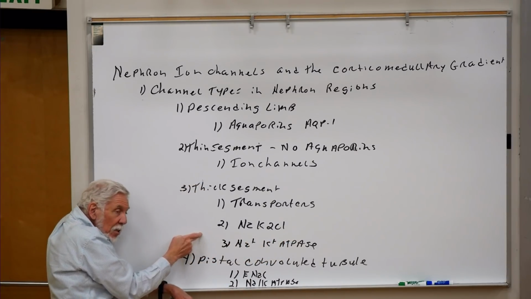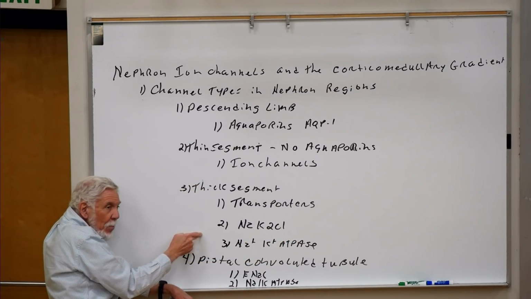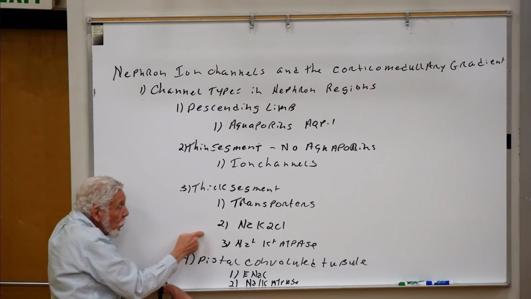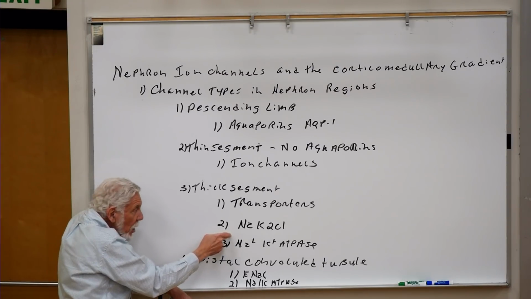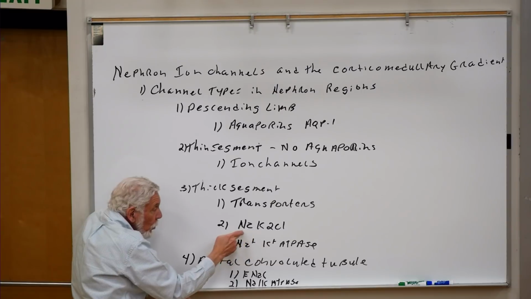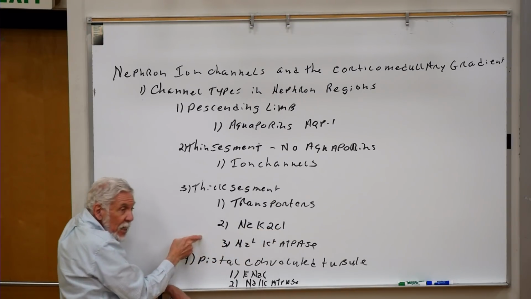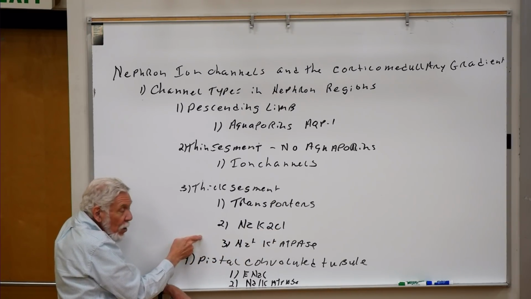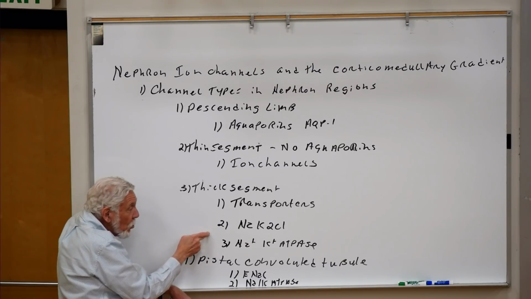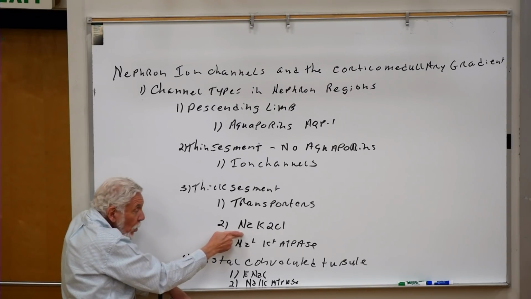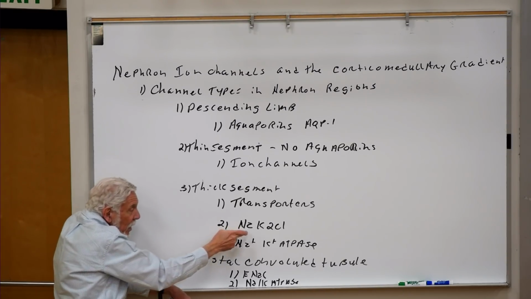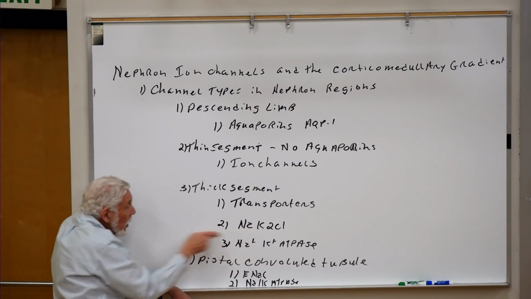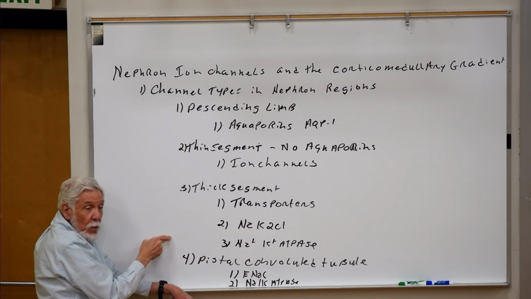So the salt inside the ascending limb is going to largely be removed across the apical membranes by this transporter. We're going to put the sodium, potassium, and chloride into the cytoplasm. And then as we fill up these cells, particularly with sodium, we're now going to allow the sodium-potassium pumps to pump that sodium out into the extracellular space.